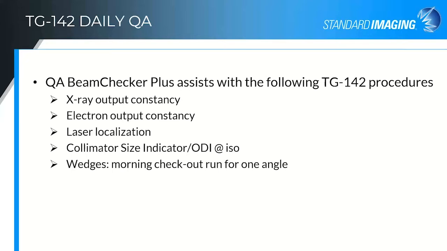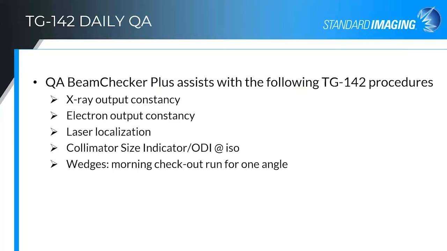So for TG142, this is the AAPM task group that talks about daily QA for your LINAC beam, and I think these are probably pretty similar around the world. The QA BeamChecker can help you do the following procedures that are required in TG142.